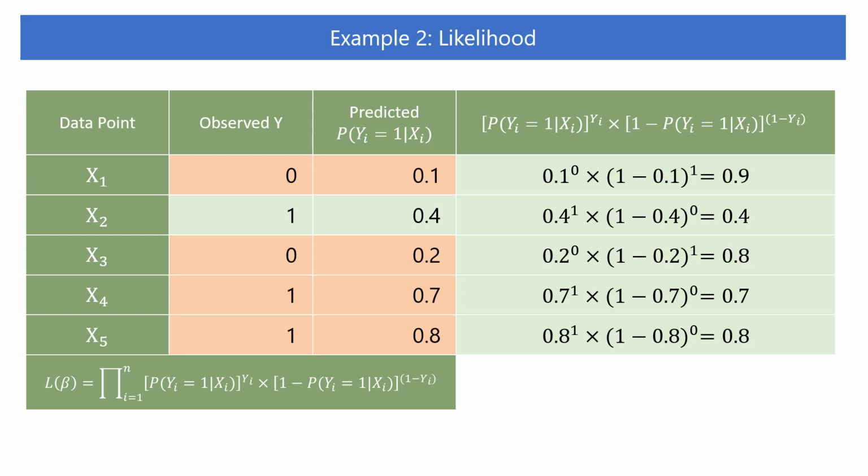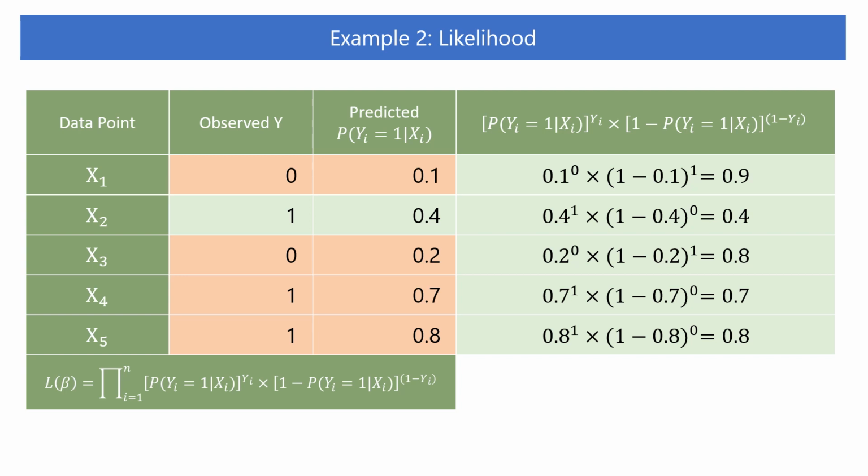Consider a case of another model applied to the same dataset. This model outputs a different predicted probability for each data point. Assuming a cutoff value of 0.5, this model correctly predicts 4 out of 5 data points.